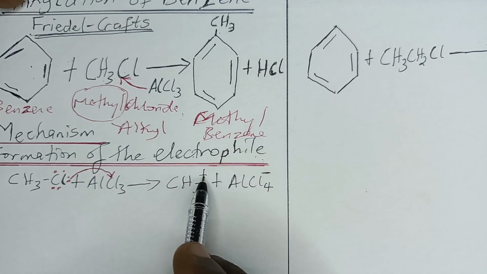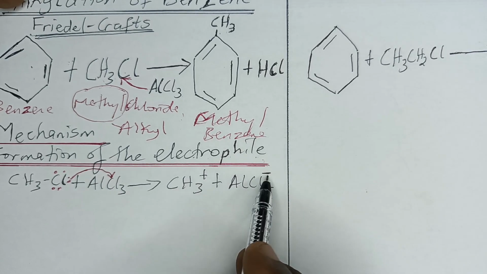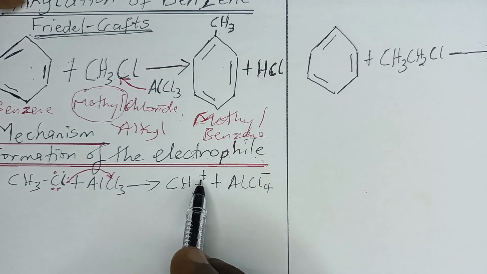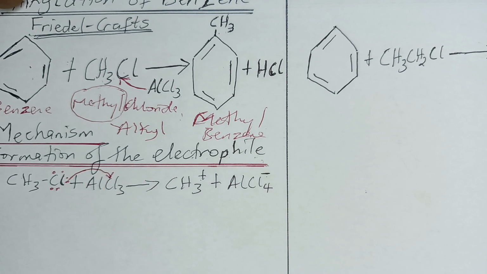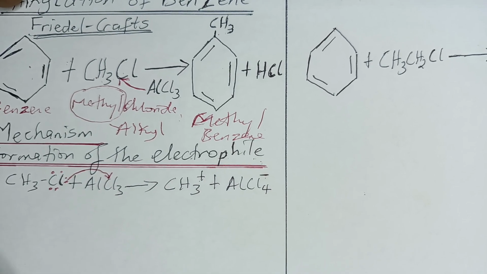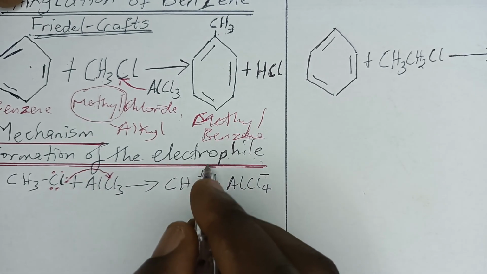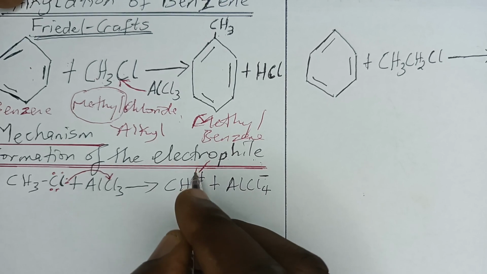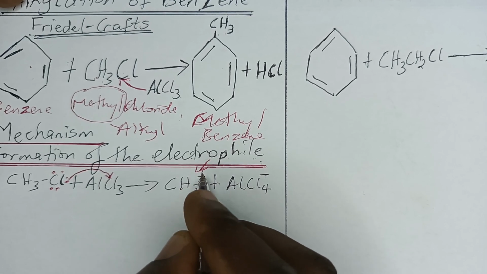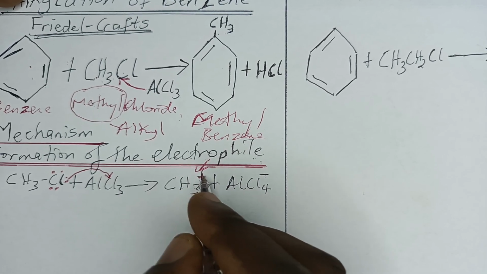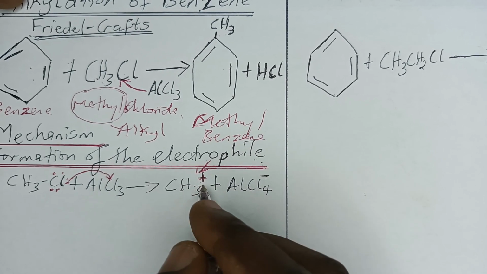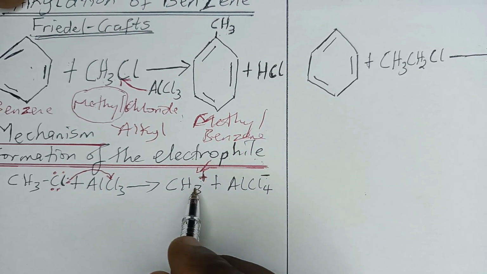This is having a plus, this is having more than enough electrons. This is having a deficiency of electrons. Now, this itself is called an electrophile because of the positive charge. It's an electron lover. It needs an electron.